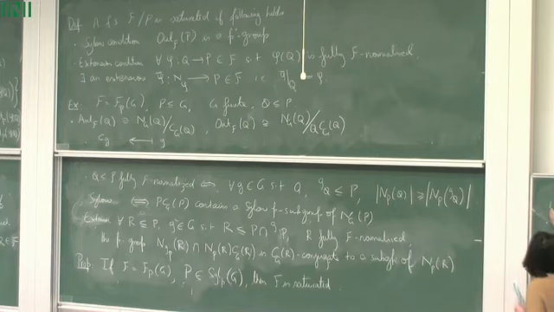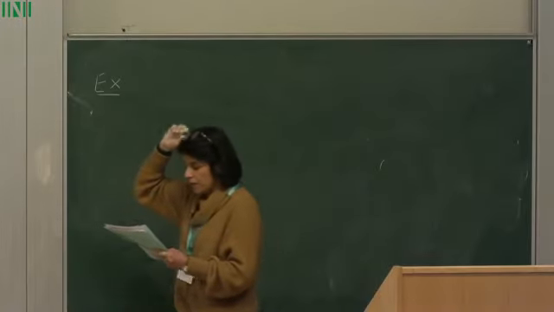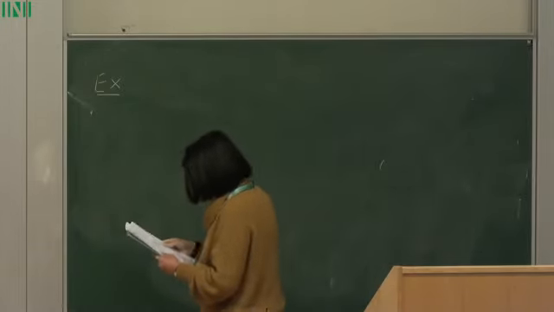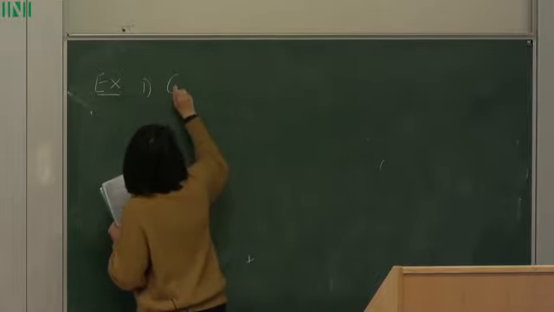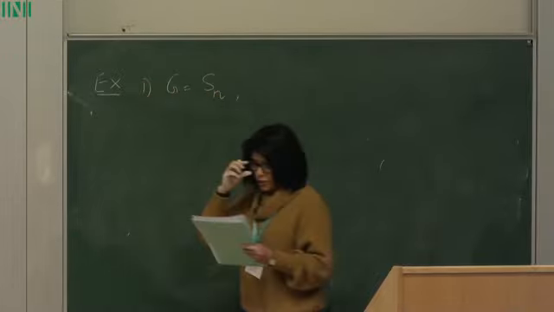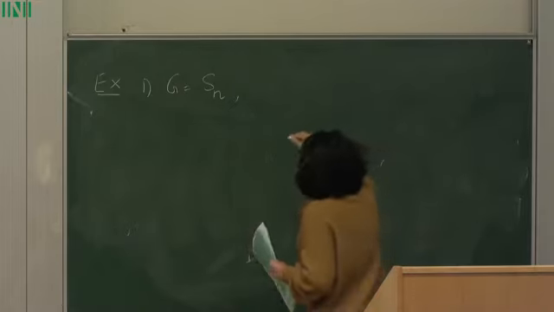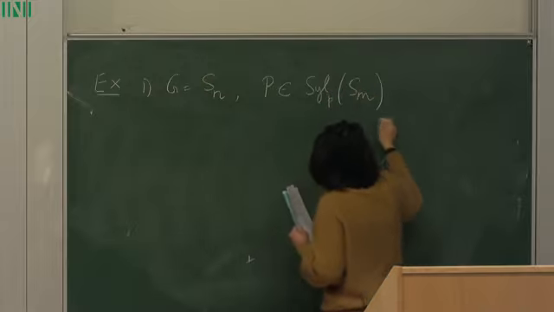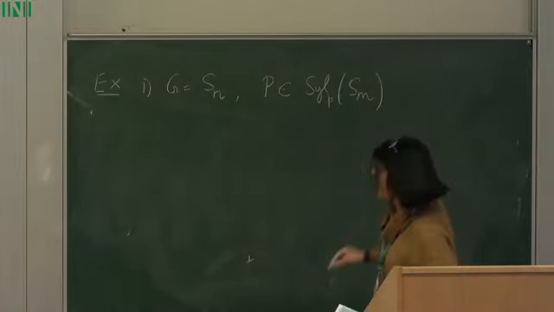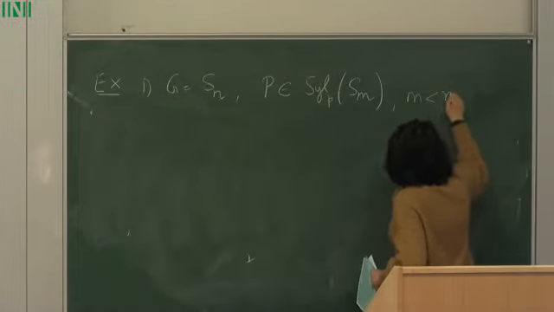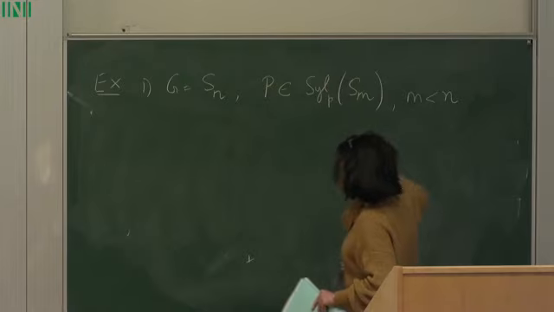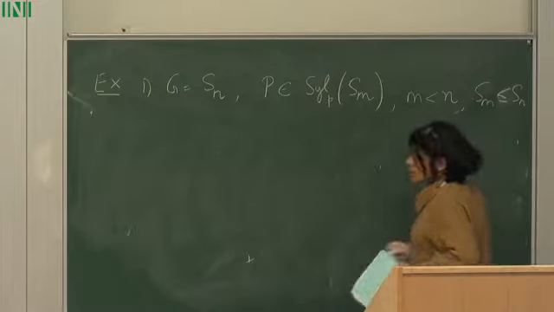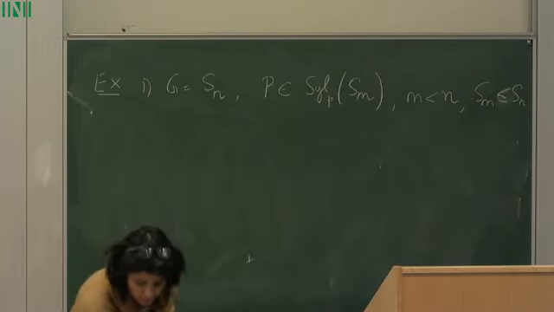But let's do an easy example to see that you don't have to have P being Sylow. Let G be S_n, and take P to be a Sylow p-subgroup of some S_m, where m is less than n. And we think of S_m as a subgroup of S_n in the canonical way.